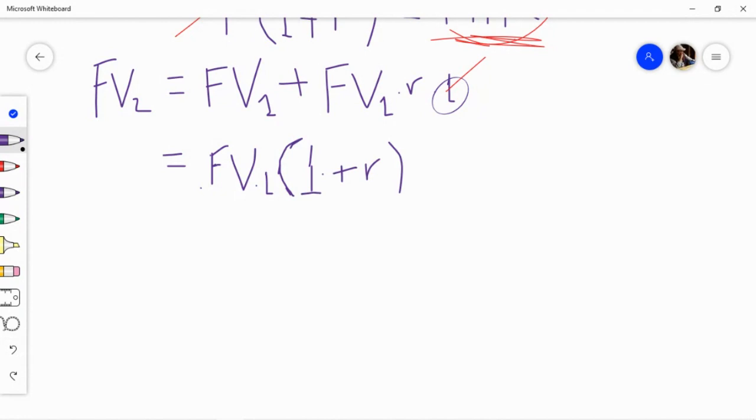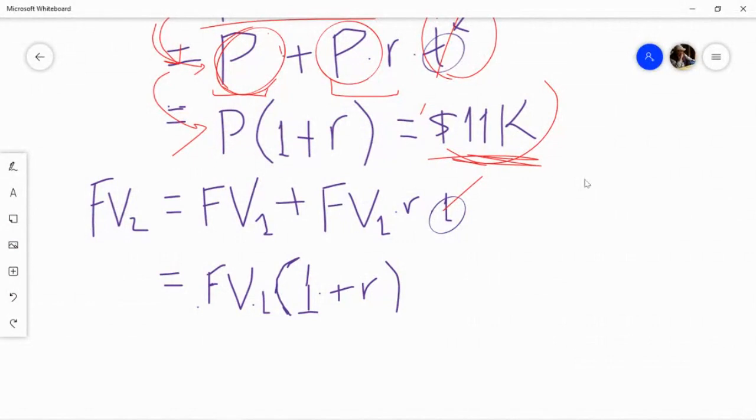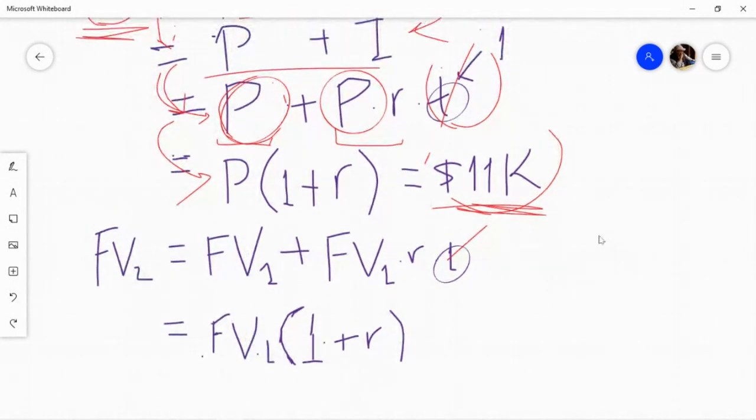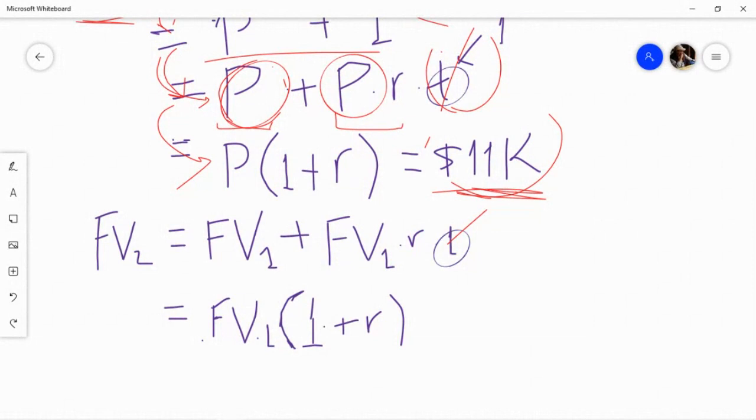Why? What is FV1 again? We have already defined FV1, isn't that right? What was it defined as? Principal plus interest. Yes, but that wasn't the final form. What was the final form? P times 1 plus R. That's right.